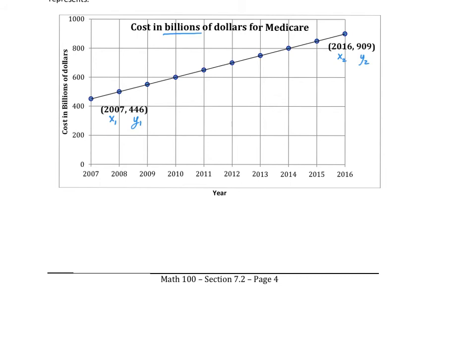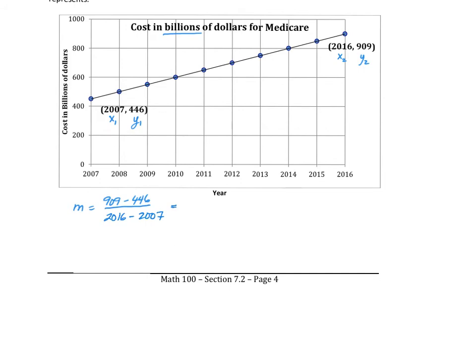So the question said to find the slope of the line. Our slope is going to be the y values, so y sub 2, 909 minus 446, over 2016 minus 2007.